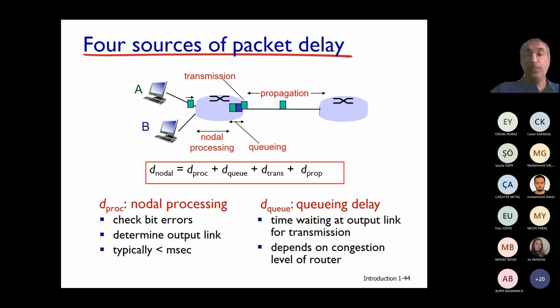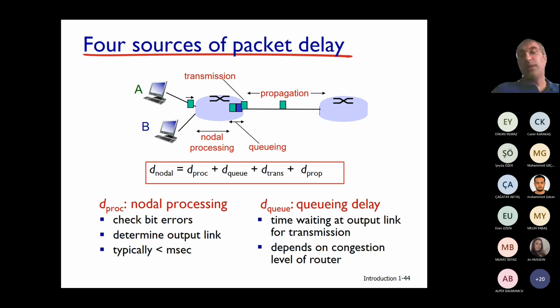And this is physical, it depends on the media. If it's a cable, it is different. If it's air, it is different. So, we call it propagation delay. Okay, so processing delay, we talk about that. It checks the bit errors because it applies some algorithms.